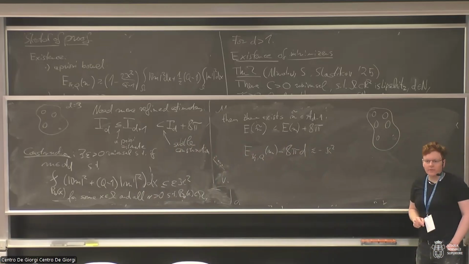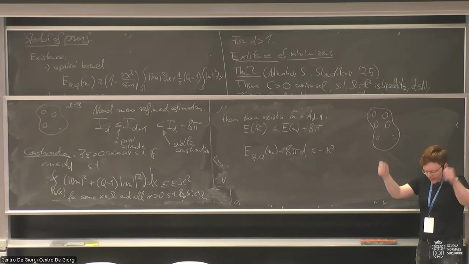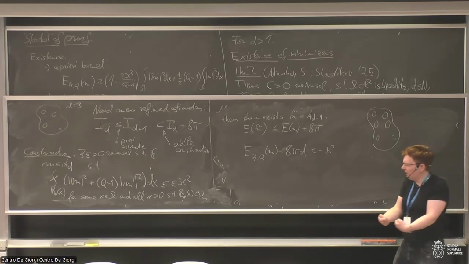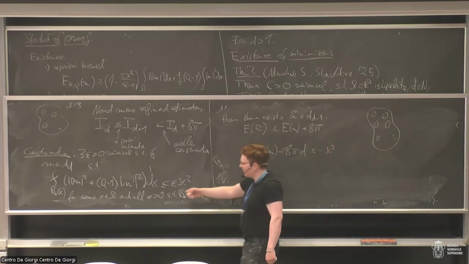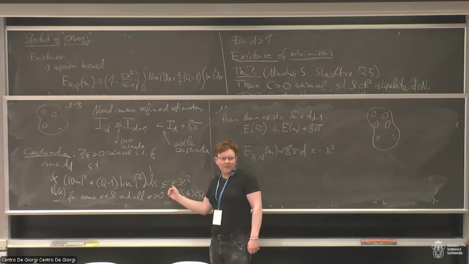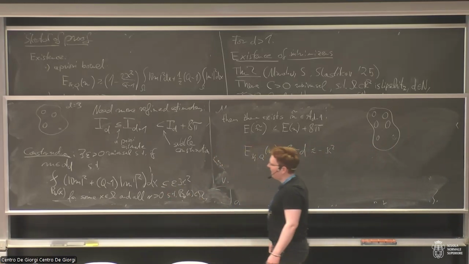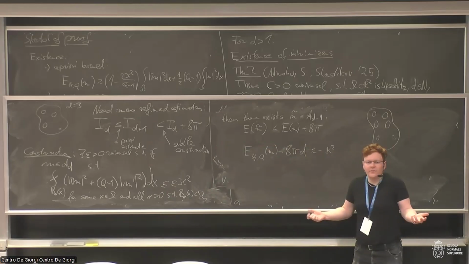Transitioning from the previous minimizer, you do a cutoff, you paste it in, and the transition going from the previous minimizer to your new Belavin-Polyakov is really quite tricky. We couldn't do it unless we have a small constant in front of here. Where do you get that small constant from?